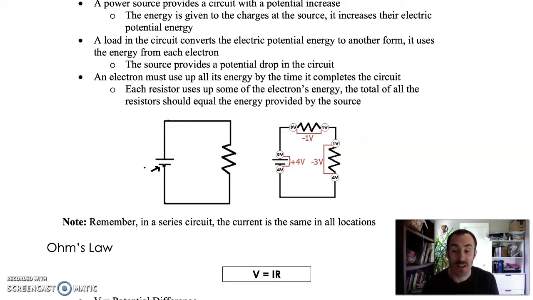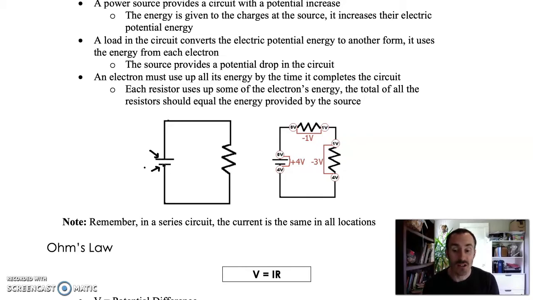That's because electrons will experience the most force right over here pushing them out of the battery. By the time they go all the way around the circuit, right here is the spot of lowest potential, the lowest voltage. And that makes sense because an electron, once it reaches this spot, has nowhere else to go. This is as far as it can fall if we're talking about a gravity type thing.